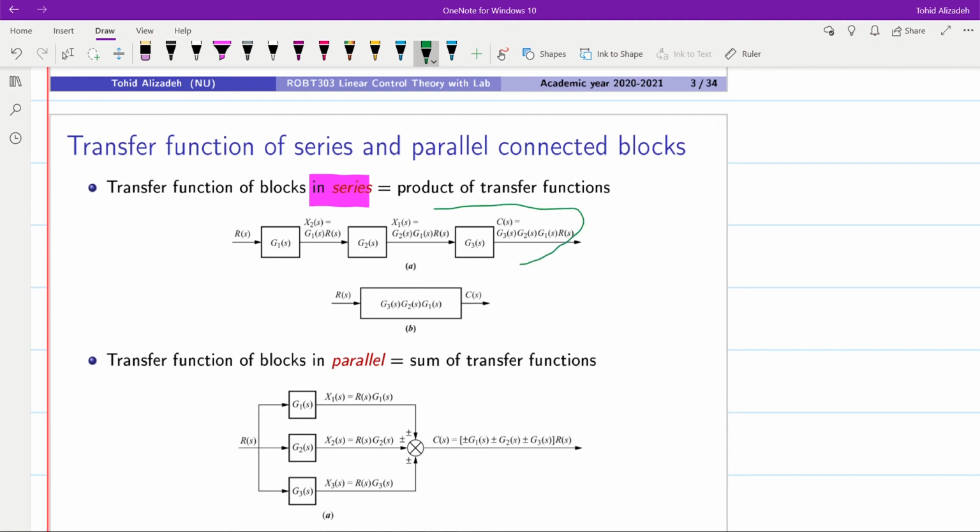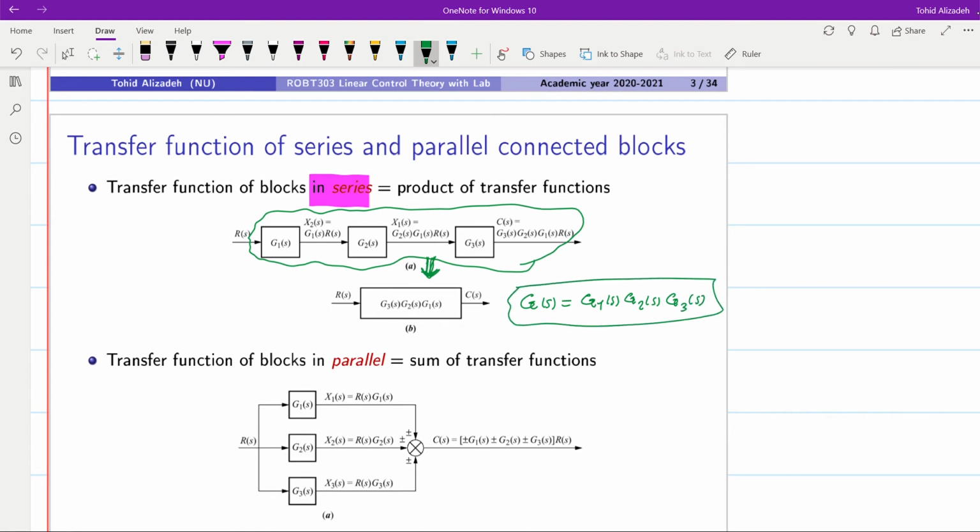Over here you can see that these three blocks could be combined with each other, and we end up with a single block. The transfer function that we get for this block will be the product of all the transfer functions that we had. So if you call this G of S, it will be equal to G1 times G2 times G3 of S.